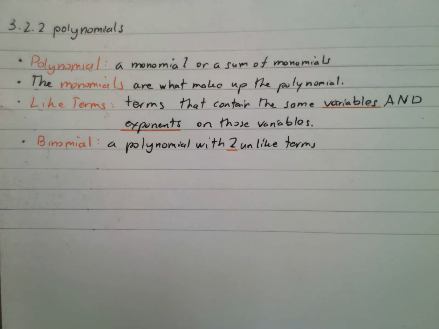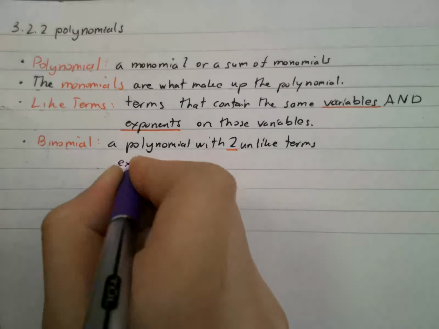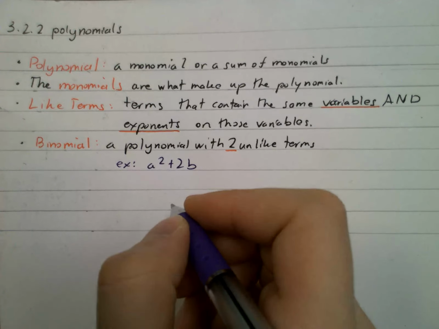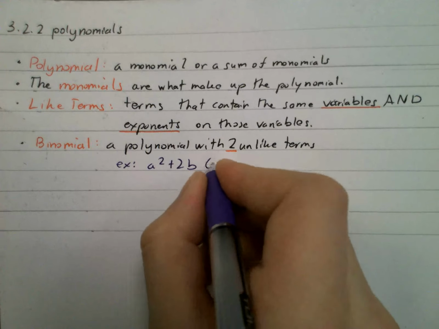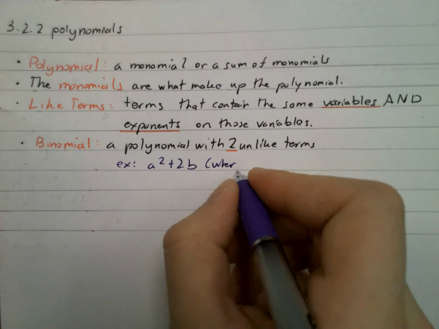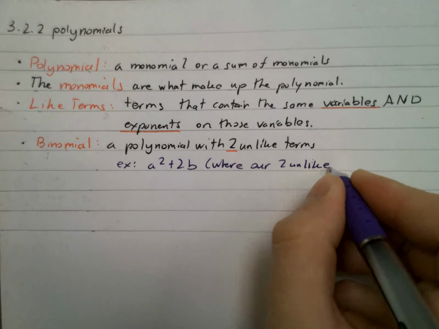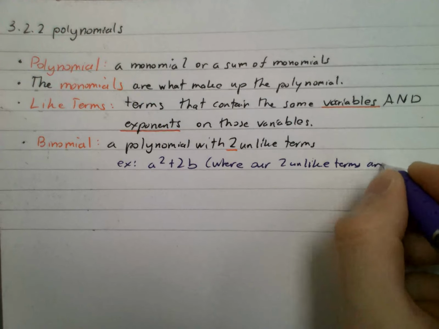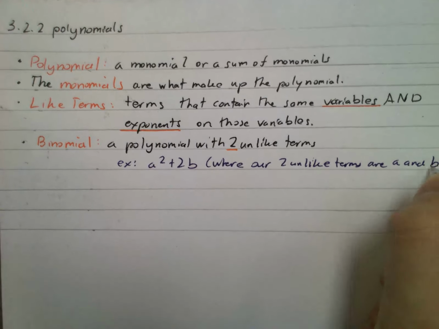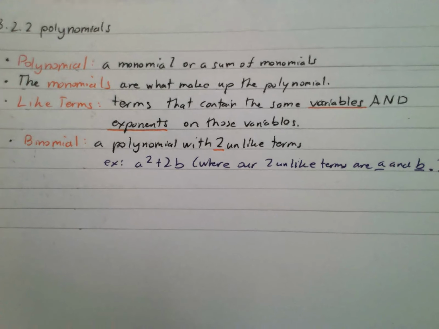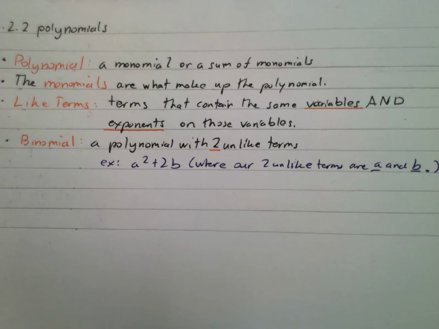So for example, that would look like the following: a squared plus 2b, where our two unlike terms are a and b, respectively. Okay? Oops, there's a parentheses over there.